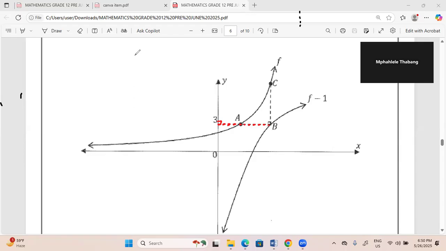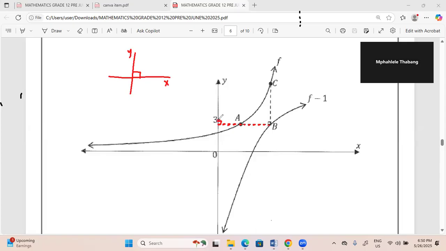Remember, we know that the y-axis is actually perpendicular to the x-axis. If you did not know, the angle here is 90 degrees. Now this guy is saying the y-axis is perpendicular to this line, the dotted line which I've shown with a red color.